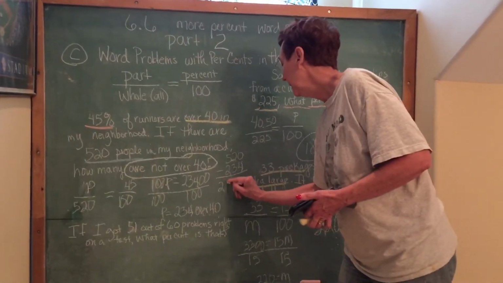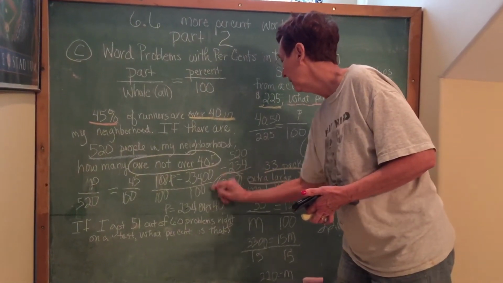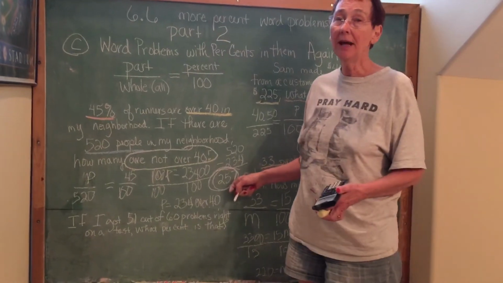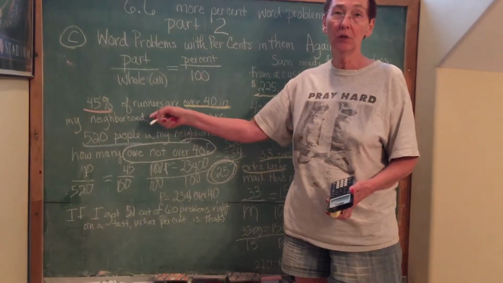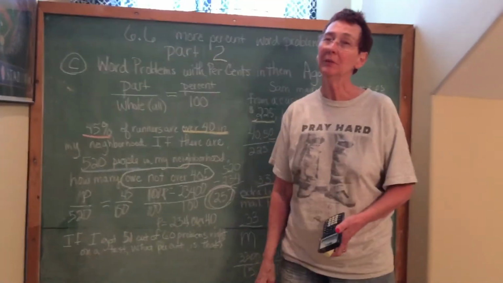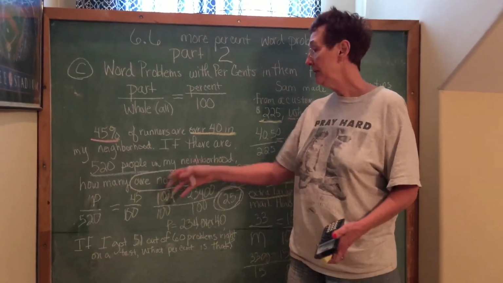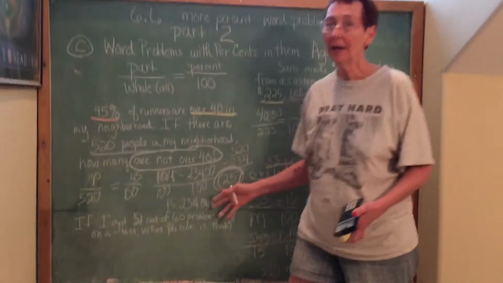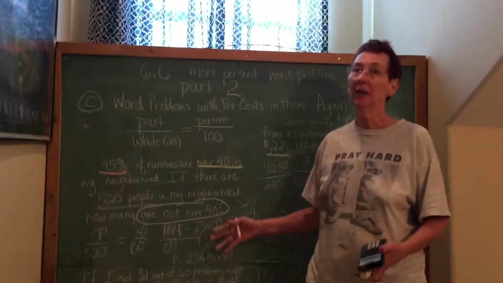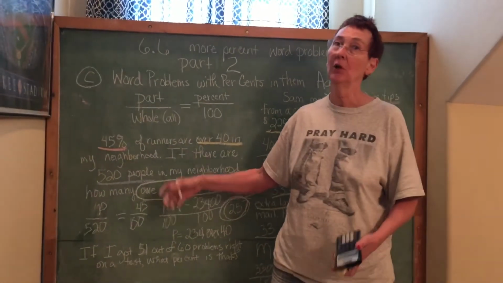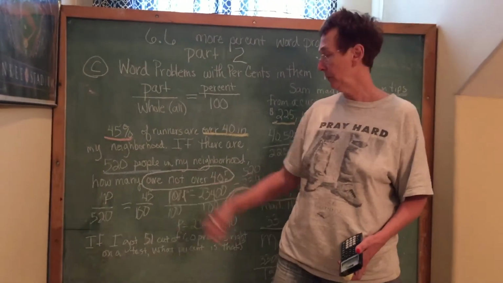That would give me 286. And so 286 is the correct answer. You don't have very many of these in your work to do, but be careful. We set it up, we worked it out, and we got an answer, but we got the answer for how many are over 40, and the question asked how many are not over 40. So be careful with that one.